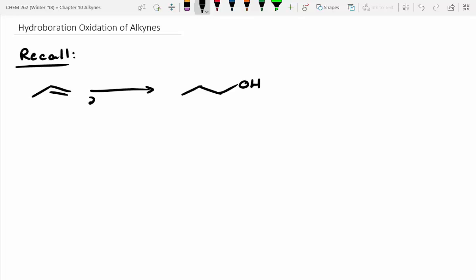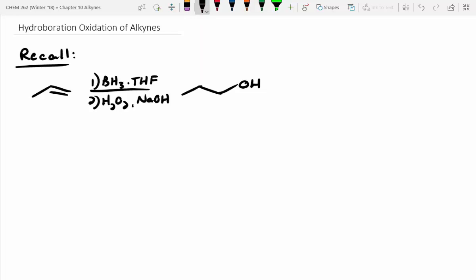Peroxide was one step, so I'll plug that in. What else are we missing? Water. Oh, NaOH. So that's our oxidation step. What's in step 1? Yeah, the borane THF complex.